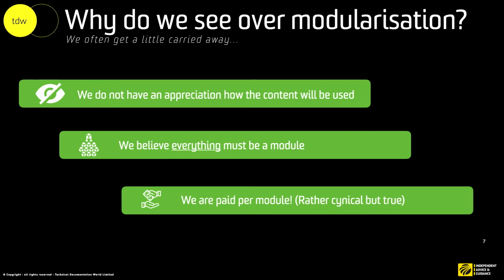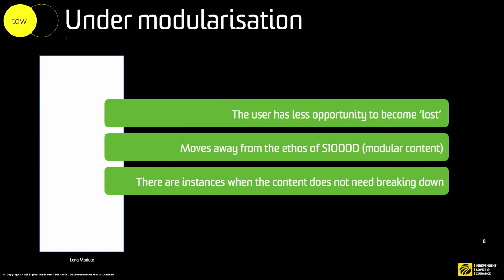But the reality is there are different reasons why we may over modularize. And of course we can under modularize too, but under modularization is, I'm going to talk about the user becoming lost in the content very shortly. And actually that's probably more what the user's used to seeing, a lengthy piece of information.